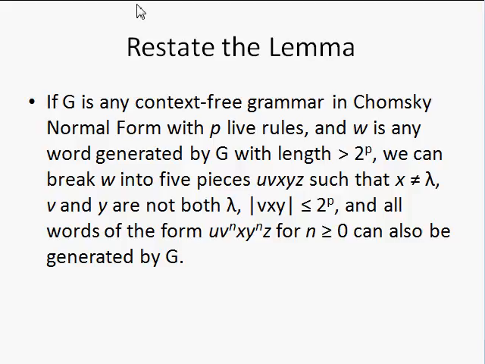If you've got a grammar G that's in Chomsky normal form and has P live rules, and you've got a string W that has length greater than 2 to the P that the grammar can make, then you can break that string W into 5 pieces called U, V, X, Y, Z. The restrictions on them, which we didn't really deal with, but just take it on faith, are that X is not going to be empty, that your 2 cycles V and Y are not both going to be empty, and that the length of the string from the beginning of V to the end of Y is no more than 2 to the P. Then all words that you can make by pumping up V and Y n times, where n is greater than or equal to 0, can also be generated by G. So now let's use this lemma.